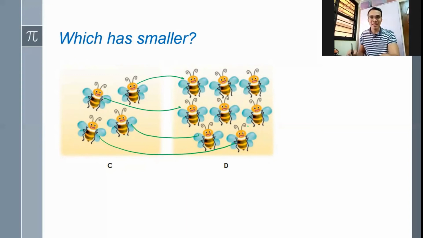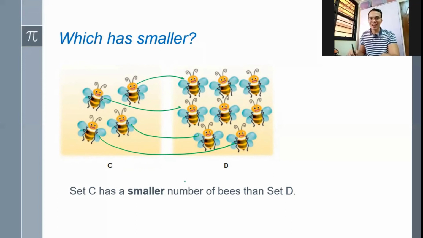Group or set D has extra B's, right? Therefore, there are more B's in set D, which means that there are fewer B's in set C. Therefore, set C has a smaller number of B's than set D.